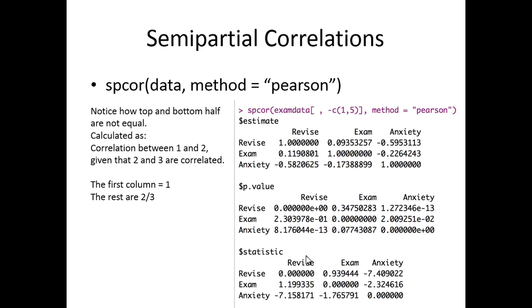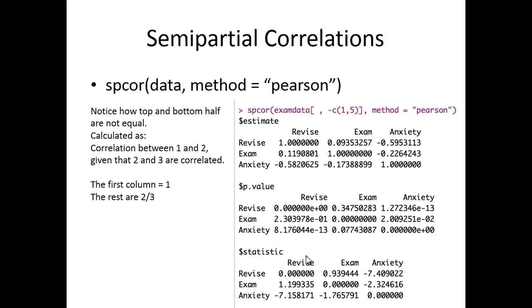So the first column, this number, is 1, and then 2 and 3. So it's the correlation between revisions and exams, given that exam and anxiety are related. Remember we said the top half of the triangle is the same as the bottom half of the triangle, because for correlations it doesn't matter if I do revise first or exam first.